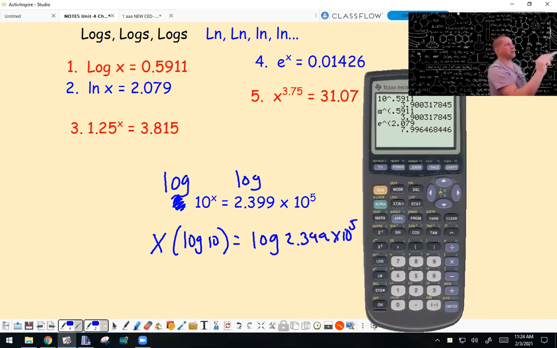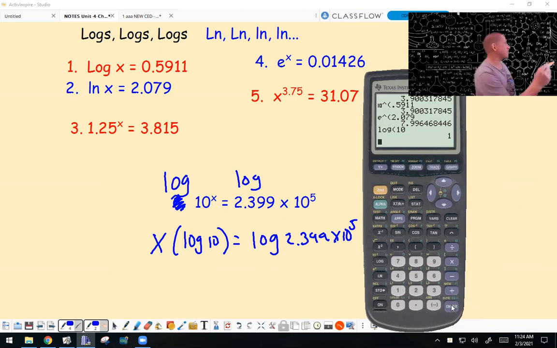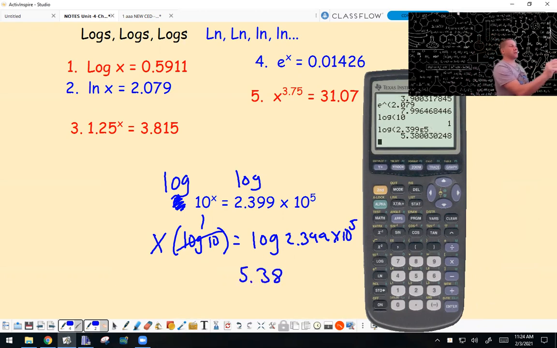So you see the parallels there? Again, that's why I like to do math the way that I do math. Now, if you're not sure what the log of 10 is, you put it in, the log of 10. So you can see the log of 10 is 1. So there's 1, and x equals. So then you just take the log of 2.399 times 10 to the 5th. And we get 5.38.